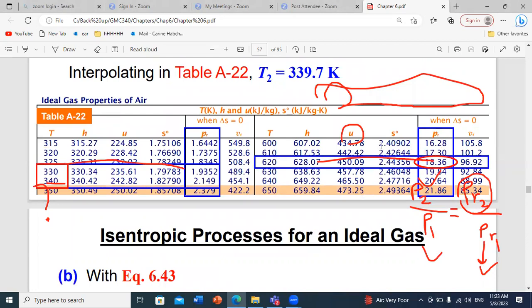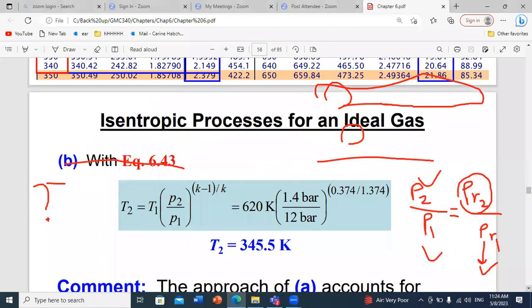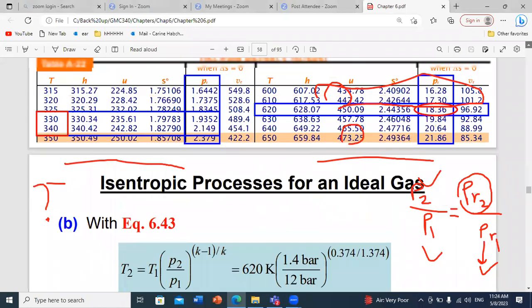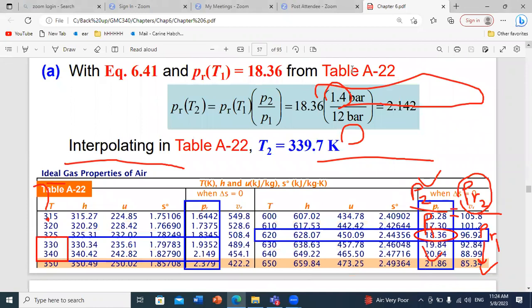For this value, we read that Pr1 is 18.36. So we replace, and then the only unknown in this ratio is Pr2. Once you get Pr2, the value is the following. Pr2 is equal to 2.142.